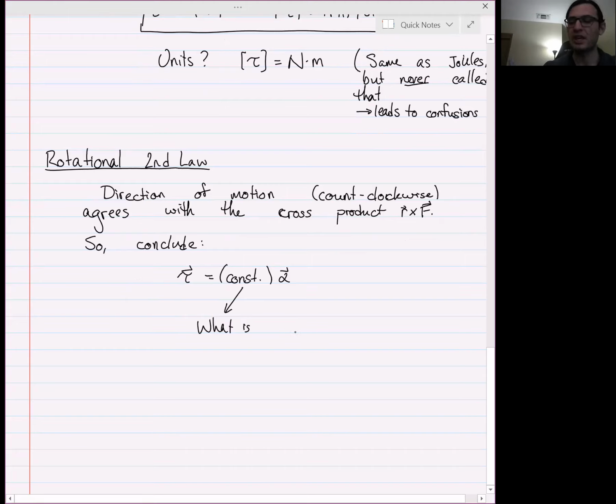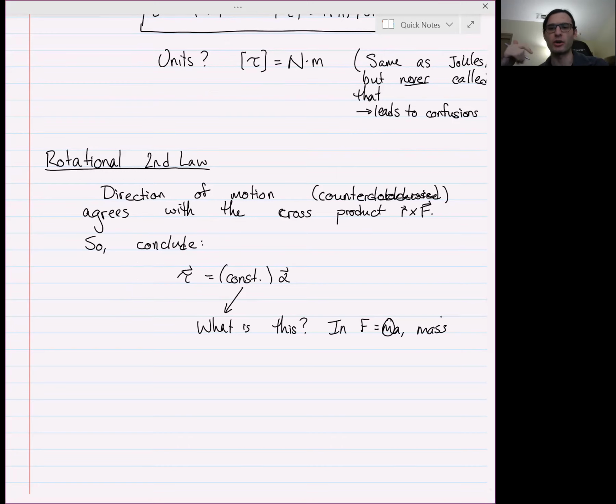Well, in the linear case, in the translational case, it's mass. So thinking back to our correspondence that we had before, the rotational equivalent of mass is moment of inertia.